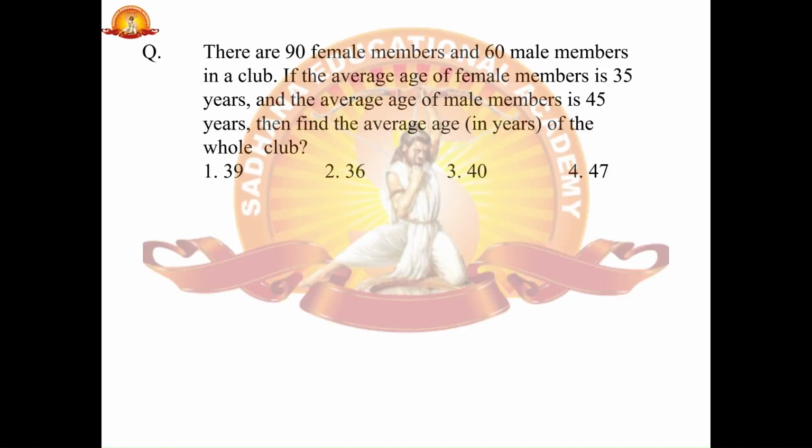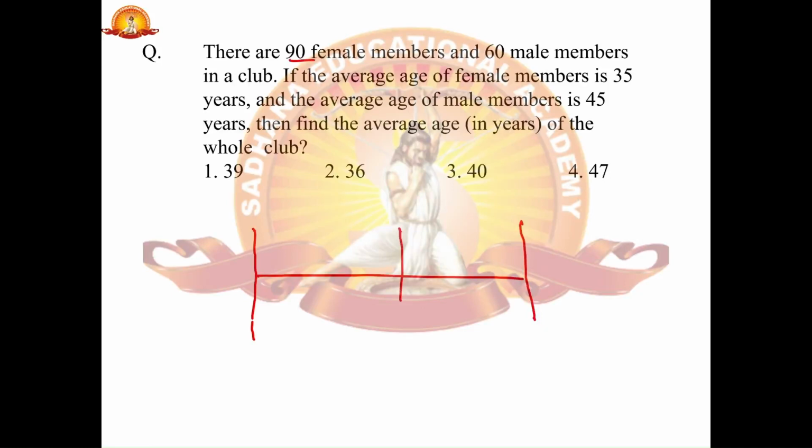Next question. There are 90 female members and 60 male members in a club. If the average age of female members is 35 years and average age of male members is 45 years, then find the average age of the whole club. So here, to find the average of all the members, we have to apply the method of alligation to get a quick answer.